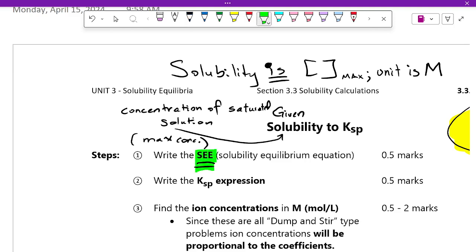And because we're working with KSP, anytime we're working with KSP, we have to write the KSP expression, just like when we did Ka, we had to write the Ka expression. So this is going to be KSP is equal to concentration times concentration.